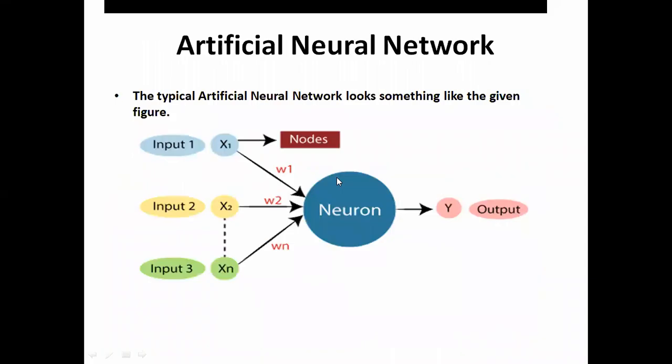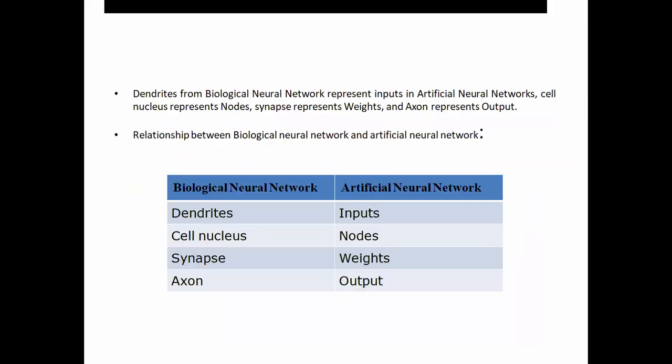Okay, now this is the ANN. First I will tell you what is the similarity between your biological neural network and artificial neural network. In biological neural network, you are having dendrites. Similar to the dendrites, in ANN, you are having the inputs.